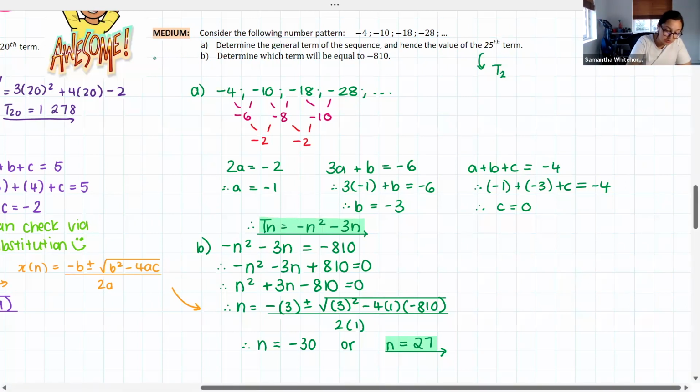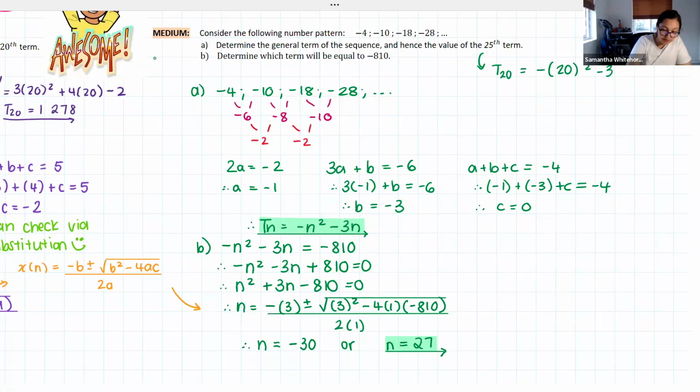So T25 is equal to minus 25 squared minus 3 times 25. This is exactly what I'm saying, guys: when you substitute in, always put brackets around your value, because according to this first term, we would first have to square the number, and then we would have to apply the negative.